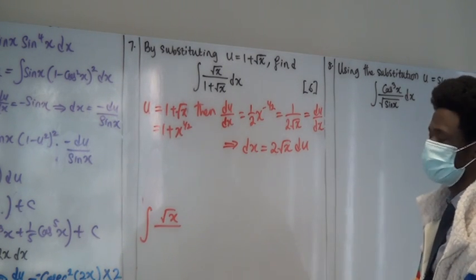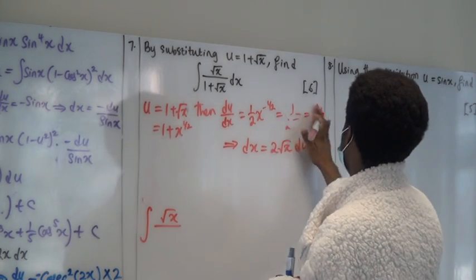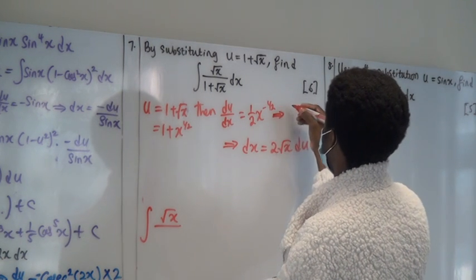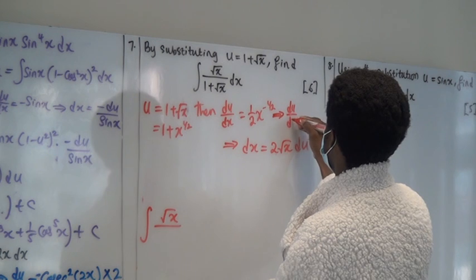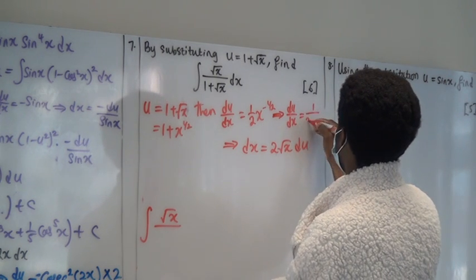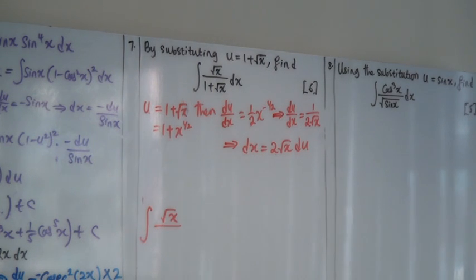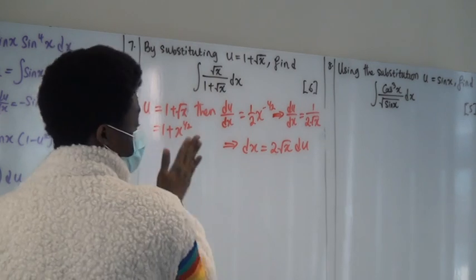Yes, yes. Okay? I write it this way. This implies du dx is 1 over 2 root x. So it's easier to see. Please tell me if something is not clear enough. I left this space for something.